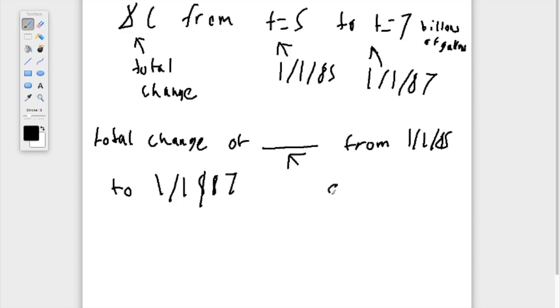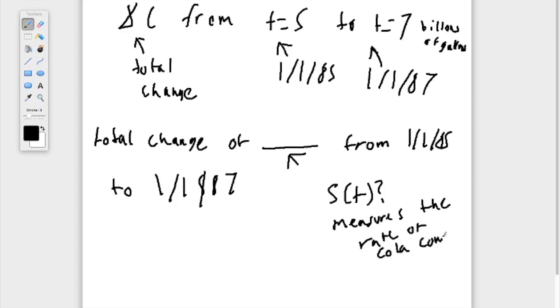Remember, what does s of t measure? s of t measures the rate of cola consumption. And basically, since we're trying to integrate, it changes the original function to measure the amount of cola consumption.